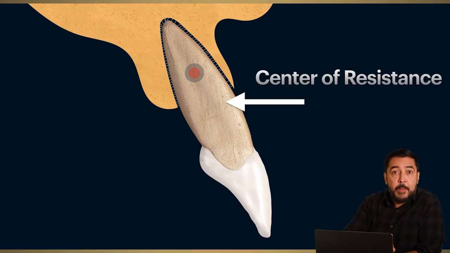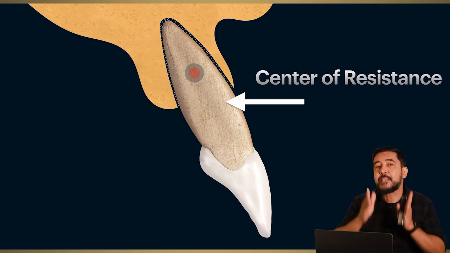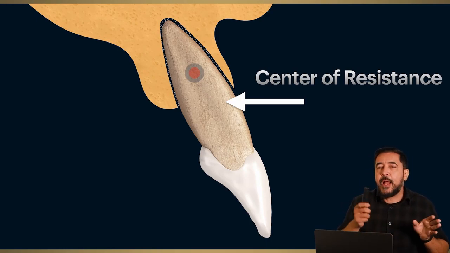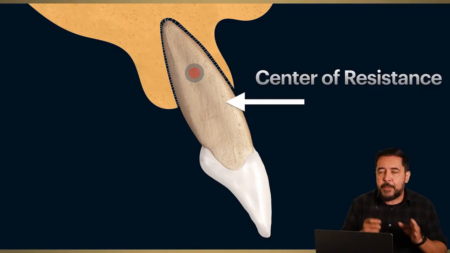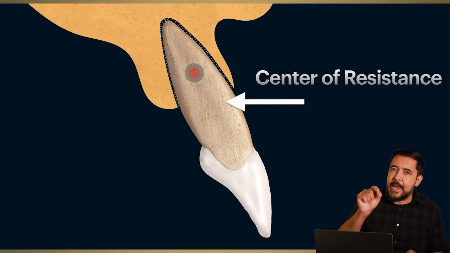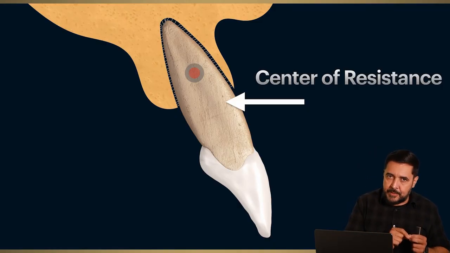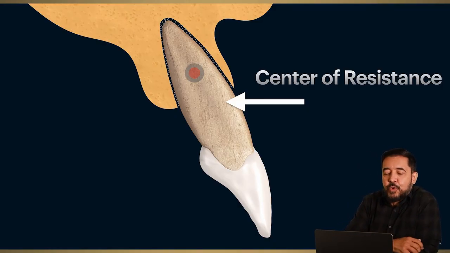If I'm applying, for example, a high hook for that, I have to go higher with the tip of this hook. Especially in patients with periodontal problems, I want to apply less force and the force closer to the center of resistance. We will see that in this course, okay?